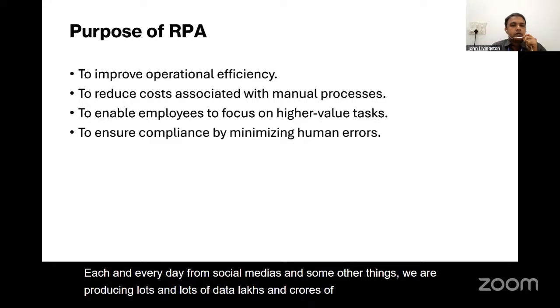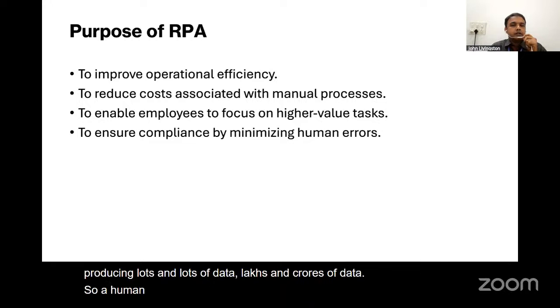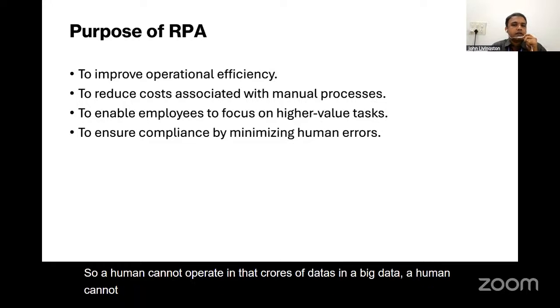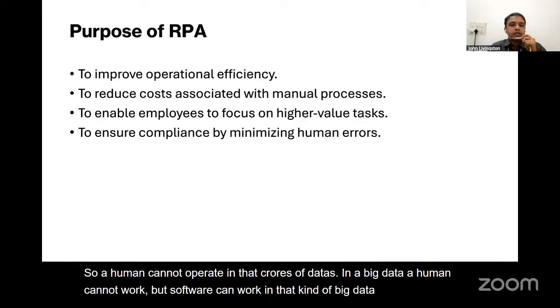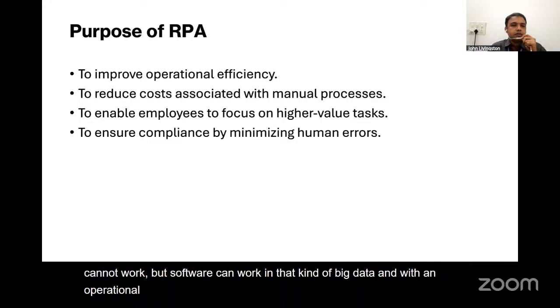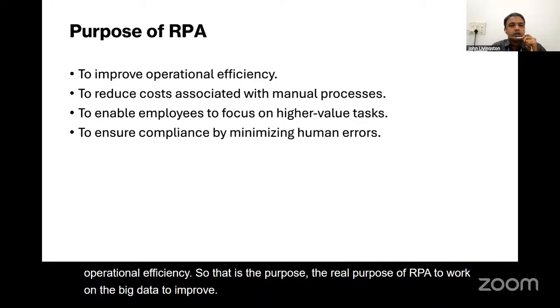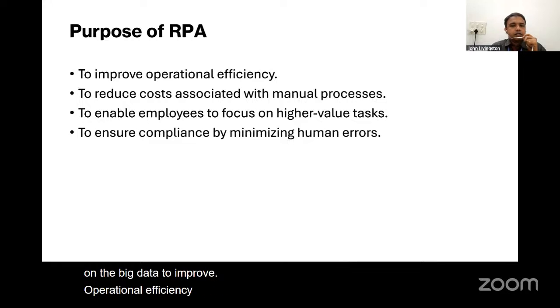So a human cannot operate on crores of data. In big data, a human cannot work, but software can work in that kind of big data with operational efficiency. So that is the real purpose of RPA, to work on big data and improve operational efficiency. Also, it will reduce the cost associated with manual processes.